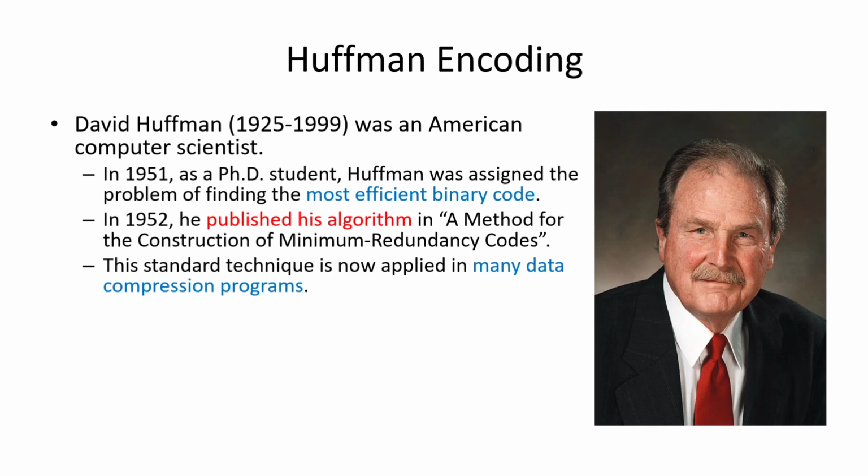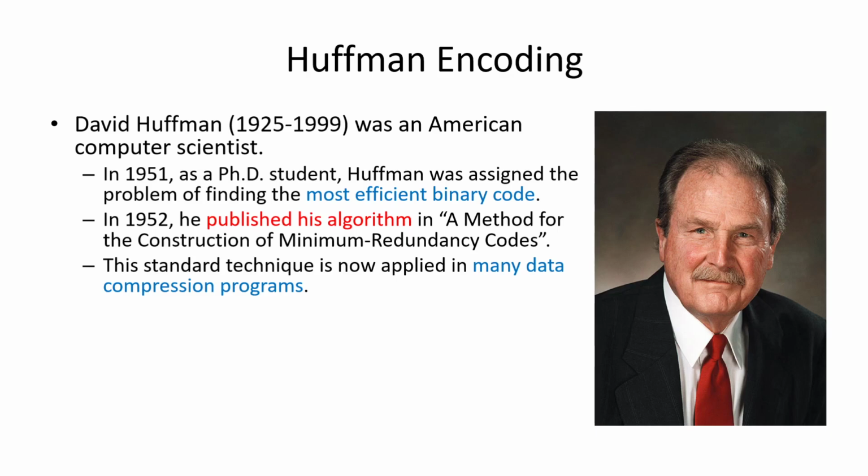And so he was assigned during his PhD, as a part of getting a PhD, you usually have to take an exam of some kind, and he was given the choice of either writing what was called a term paper or taking this exam. And he said, I want to write a term paper.